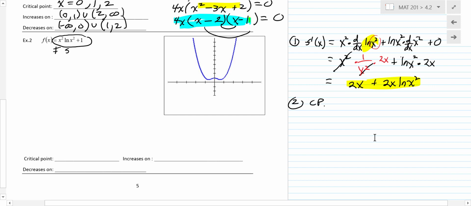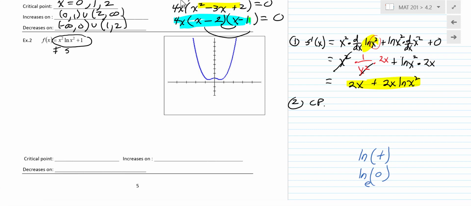Remember, when you do an ln, this is something that you don't want to overlook. You have to do an ln of a positive number, correct? You can never do the ln of a negative number, and you also can't do ln of 0. So actually, this thing is undefined at one place, at 0. So you do have a critical point at 0 there, right?